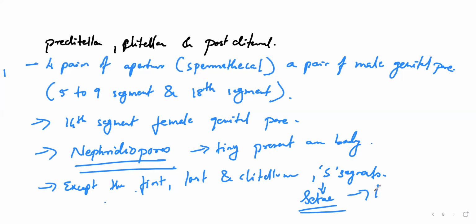Setae help in locomotion. But the setae are absent in the first, last, and clitellum region. Everywhere else in the body of the earthworm you will find the setae, which are used for locomotion. So this is all about the morphology, or the external characters, of the earthworm. Then the second one is the anatomy.